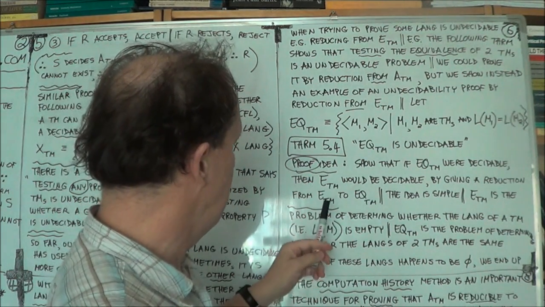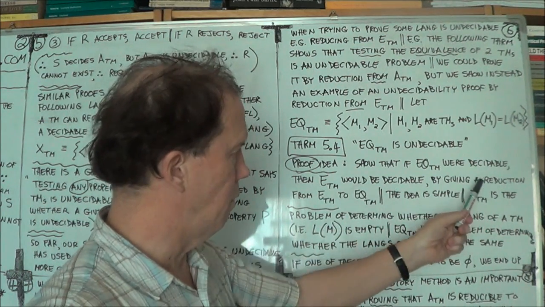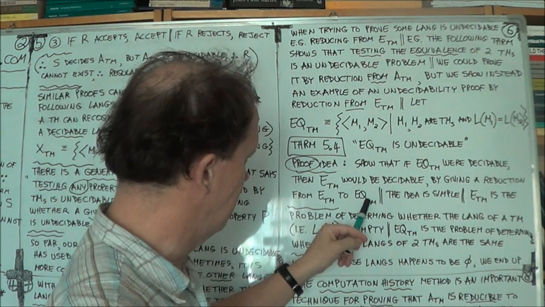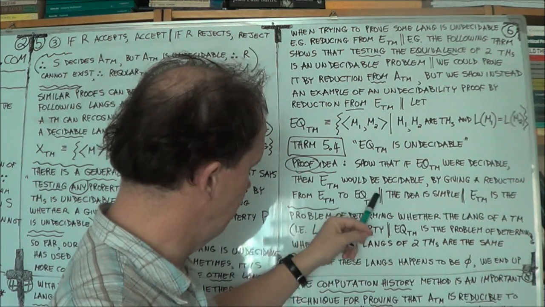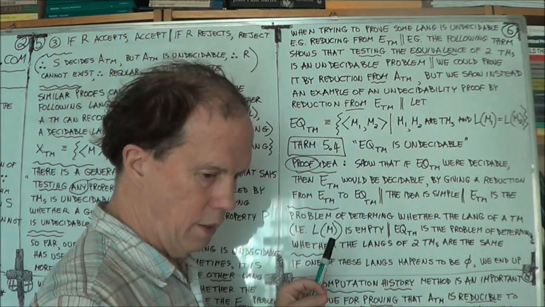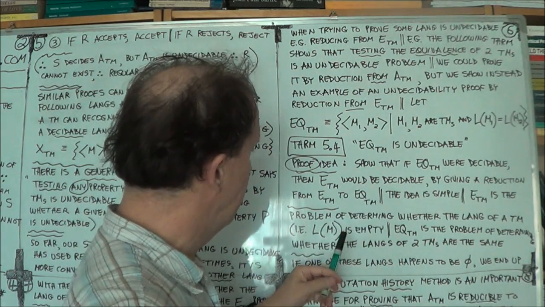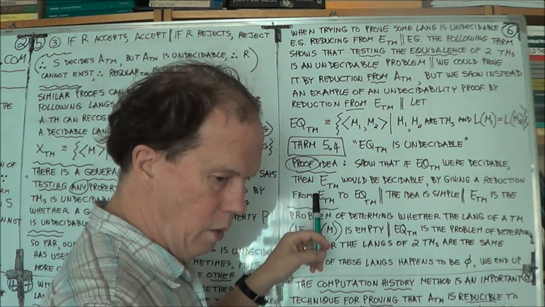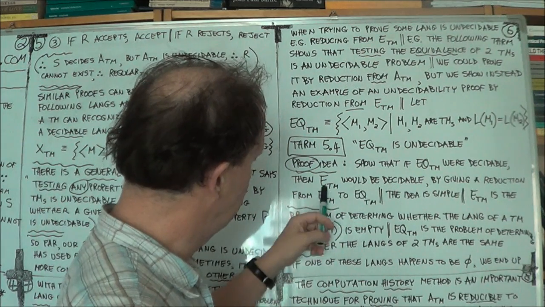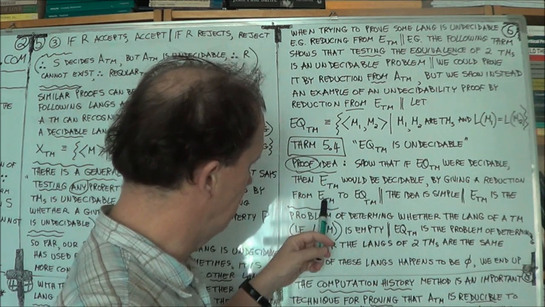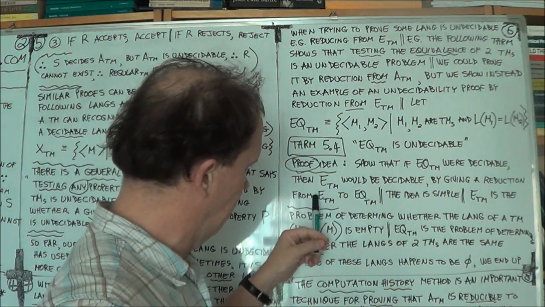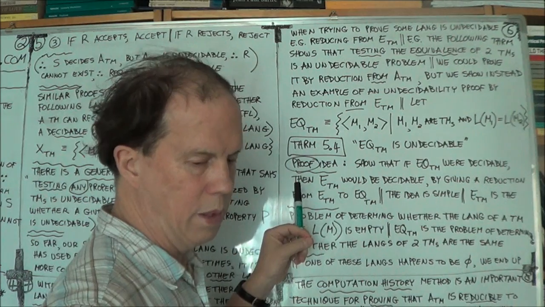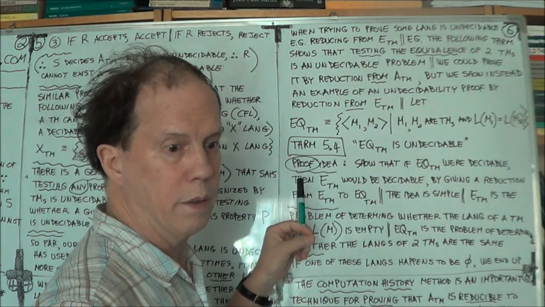Now we're going to have a reduction from, instead of ATM to this, we're trying to prove this is undecidable. We're reducing from a problem to a problem, and we assume the from problem is known to be unsolvable, or the equivalent language is undecidable.